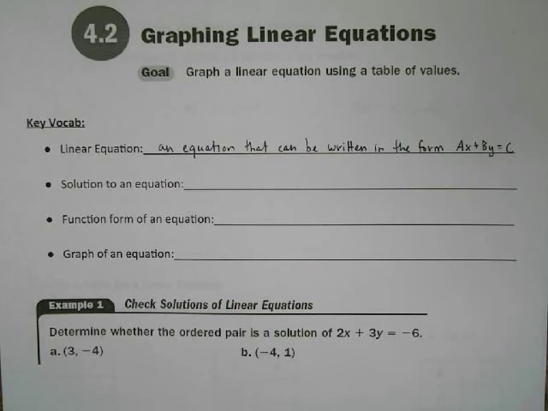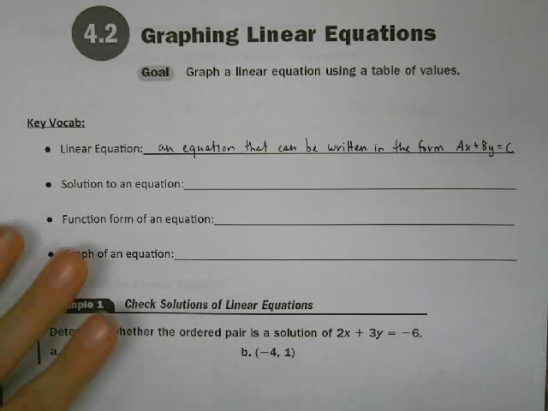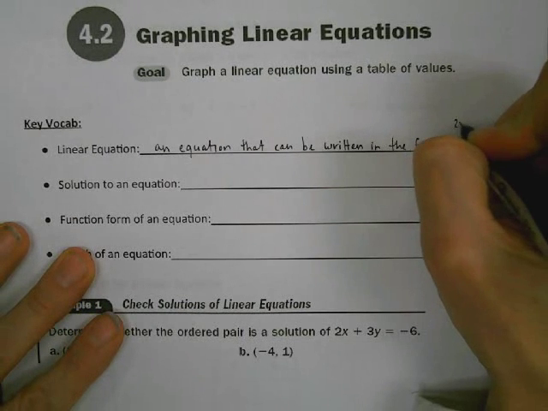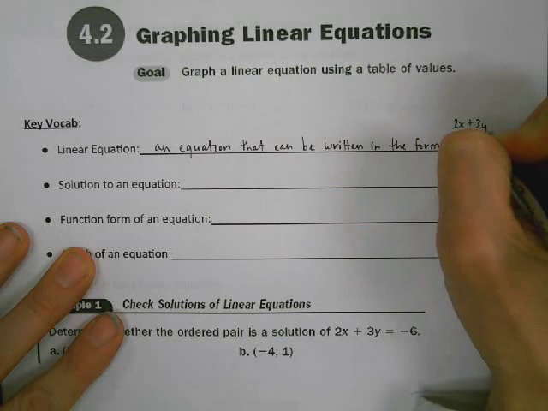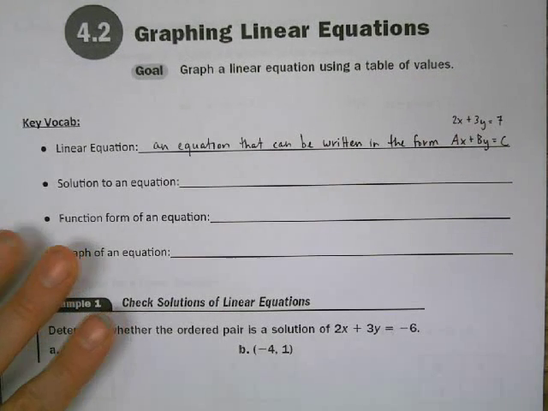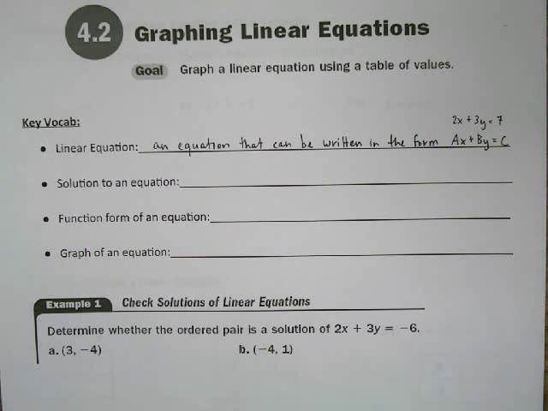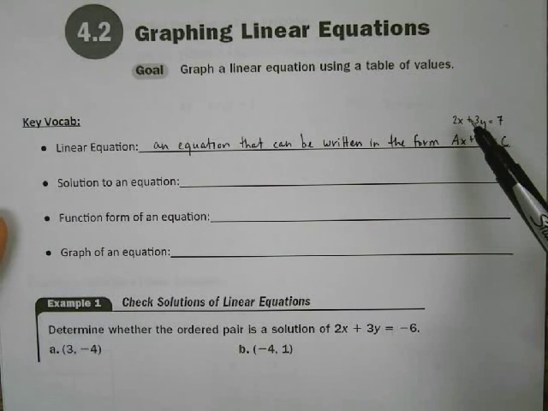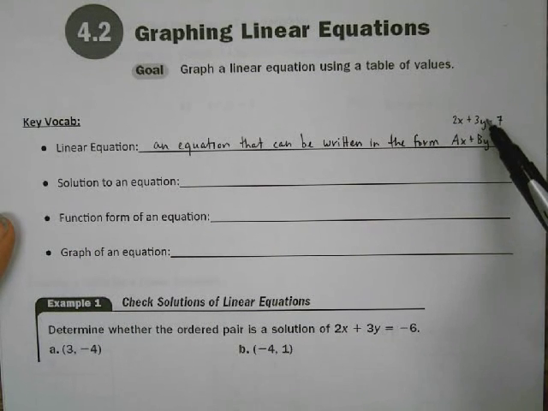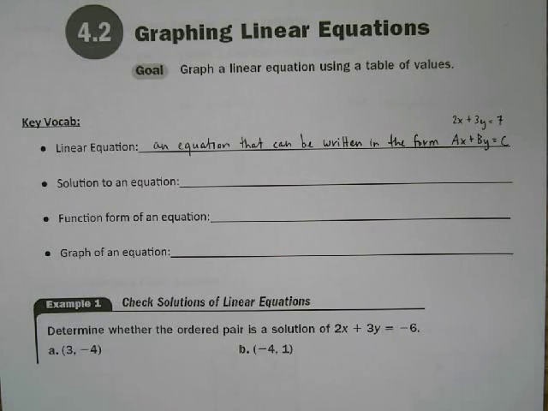In linear equations, a, b, and c are just numbers. For example, we might have 2x plus 3y equals 7. That would be an example of a linear equation. You'll notice in our linear equations, the exponents of our variables are just 1. You won't have any other exponent.